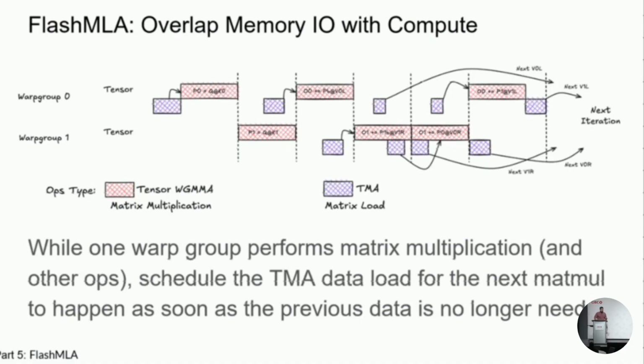The reason it's important to perform half of the operations in one warp group and half in the other is because you want to make sure that the time you spend loading your memory does not bottleneck the time that you are doing your computation. While one warp group is doing the matrix multiplication, the other warp group can schedule the next memory load that needs to happen, and these schedules are async.